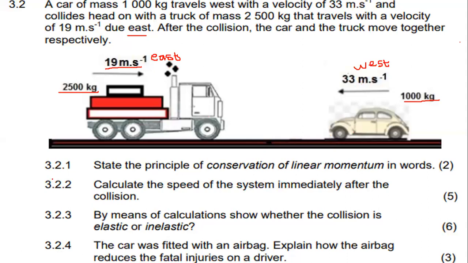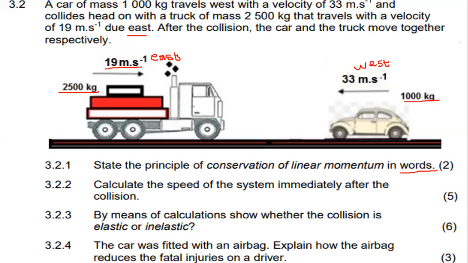Then in question 3.2.1, you are required to then state the principle of conservation of linear momentum in words. So we have to state it in words. And we know well this particular principle, which states that the total linear momentum of an isolated system remains constant in magnitude and direction.